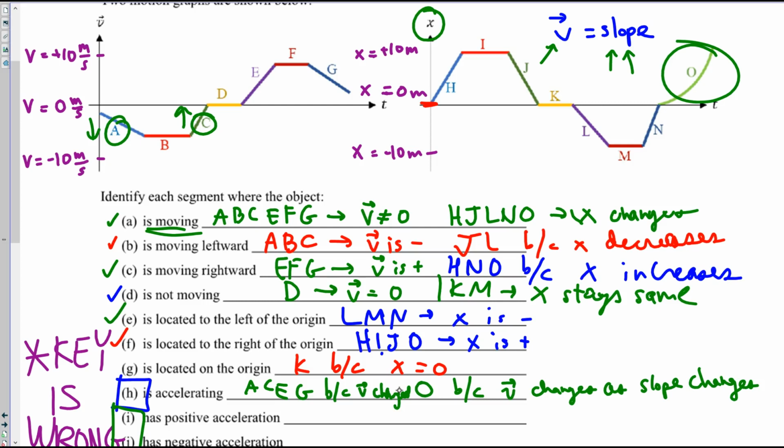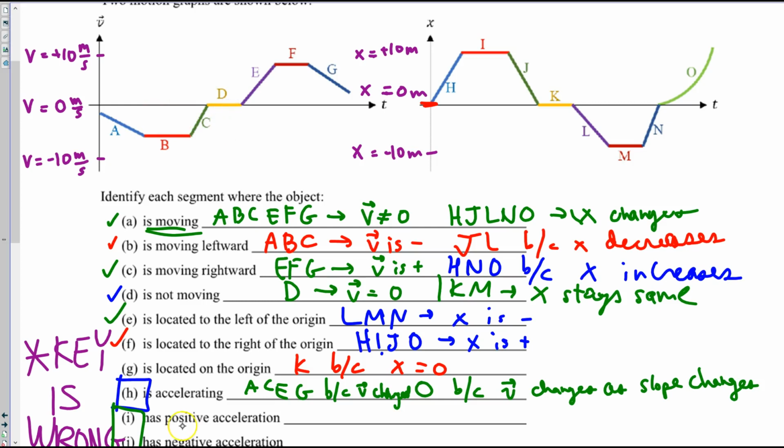Okay, for I and J, we can only answer using the first graph. You're not going to be asked whether O is positive or negative acceleration. So for I and J, let's just look at the first graph. Where do we see positive acceleration? Well, here's the equation. If your velocity increases, then the change is positive, which makes the acceleration positive.